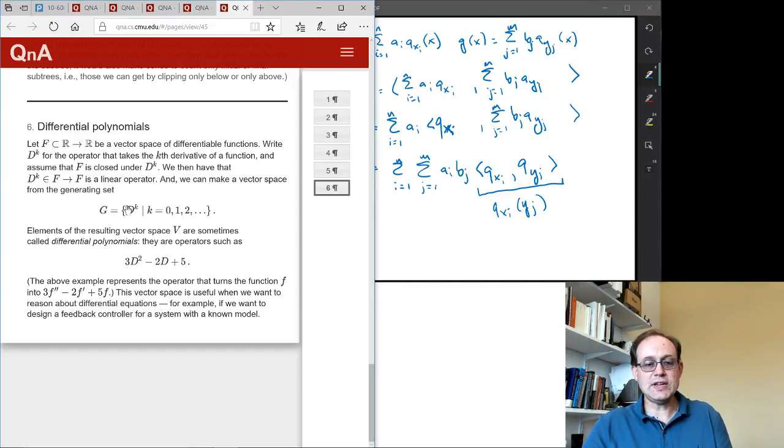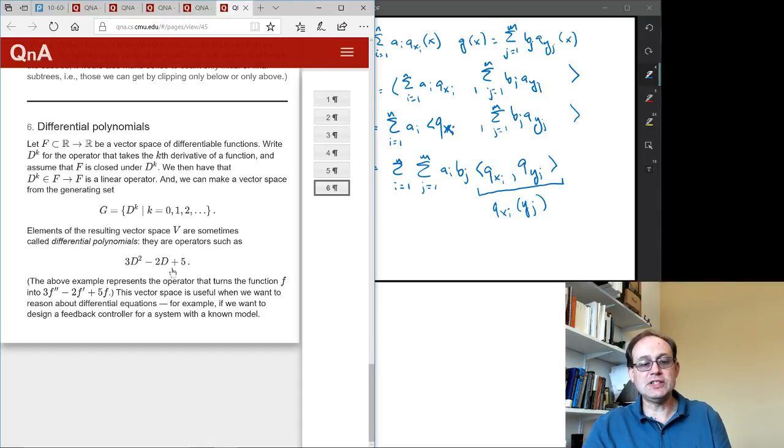If we take our generating set to be d to the k for k equals 0, 1, 2, and so forth, we can take 3 times the second derivative minus 2 times the first derivative plus 5, where 5 is 5 times the 0th derivative. We get a vector space, and the elements of this vector space are sometimes called differential polynomials.